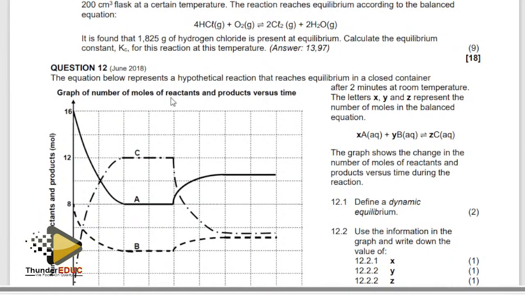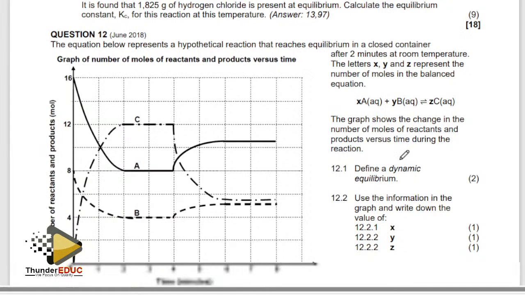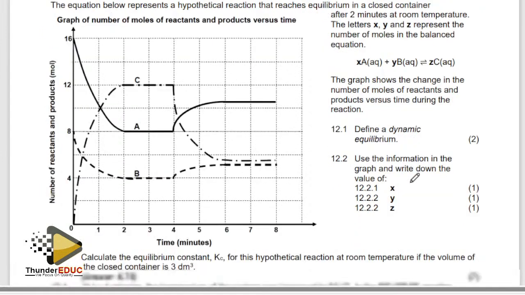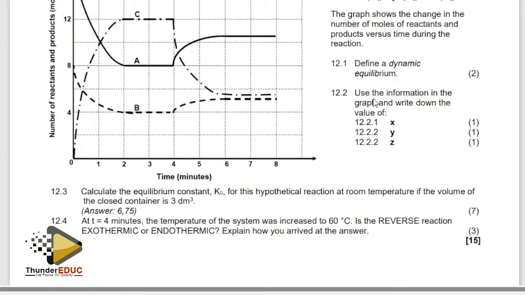After 2 minutes at room temperature, the X, Y, and Z represent the number of moles in the balanced equation. The graph shows the change in the number of moles of reactant versus time during the reaction. So now they're saying dynamic equilibrium. Okay. Use the information.